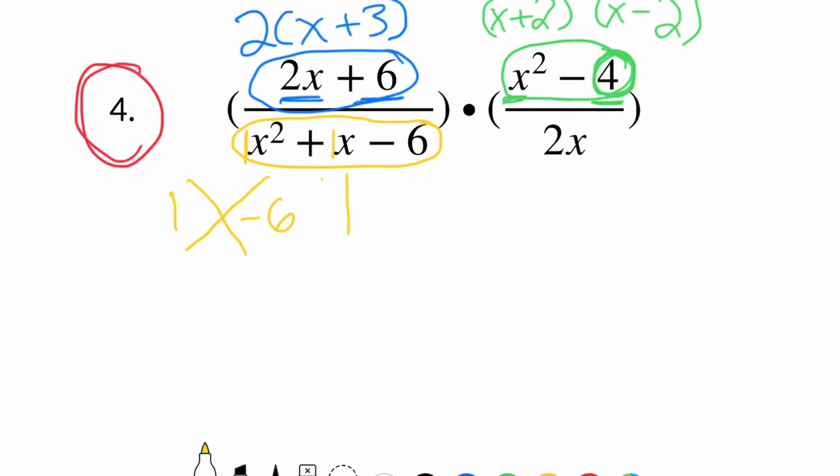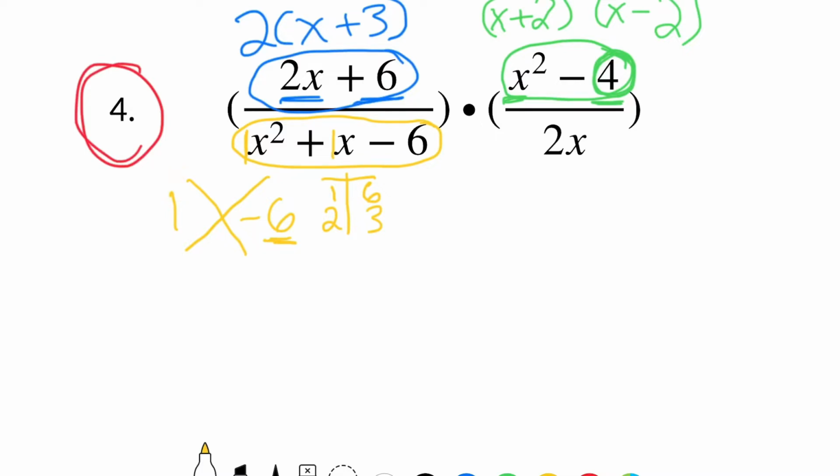If you cannot see the numbers, you can always do a t-table. So the smallest number that can go into 6 is 1. So 1 times 6 gives us 6. Next number that can go into 6 is 2. 2 times 3 gives us 6.